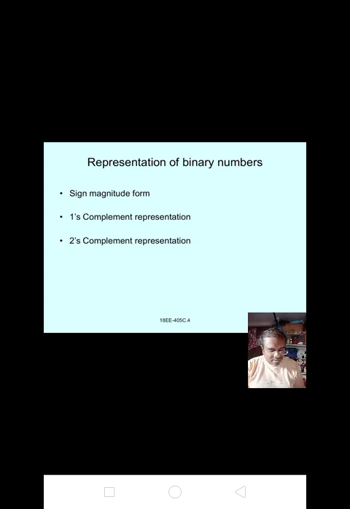Okay, you do this one: 1001010 and 1101. Find the 1's complement for that.